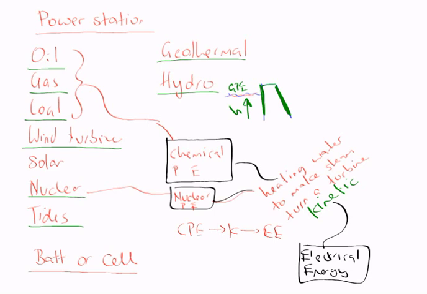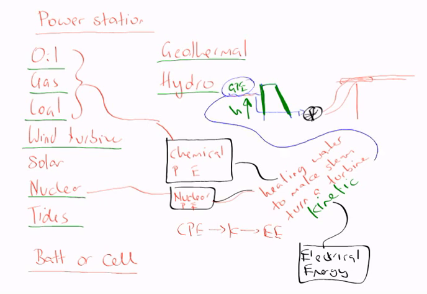So that water will flow down here through a pipe, turn a turbine, which will then create your electrical energy to your wires, to some sort of power pole. So in this case, it's gravitational potential energy that then turns the turbine, which is kinetic, and it makes electrical energy.